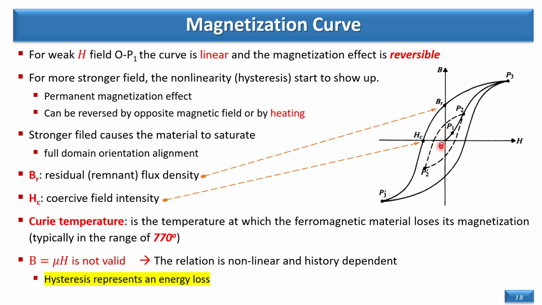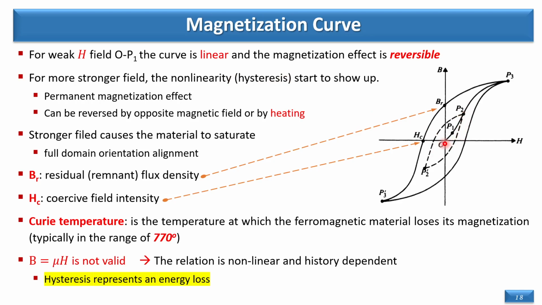When the magnetic field applied from outside starts to be larger, the magnetization effect starts to be irreversible. It starts to be nonlinear, and we will have some hysteresis, and hysteresis here is a sort of permanent effect.